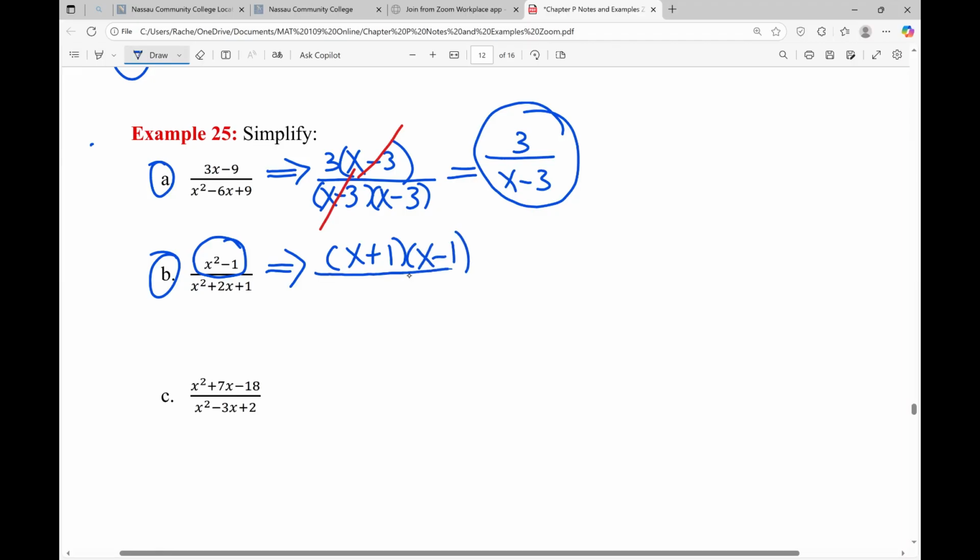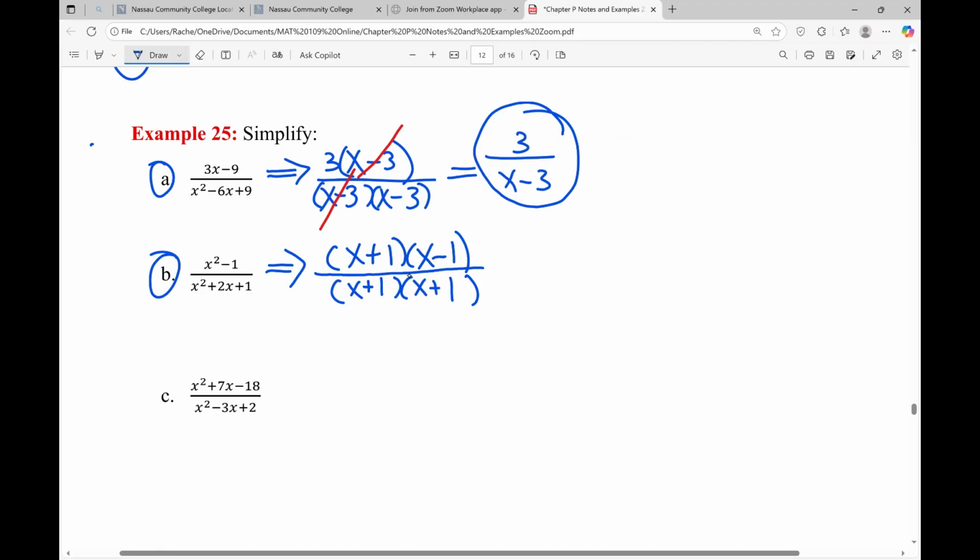And then I'm going to divide that by the factored form of this trinomial, x squared plus 2x plus 1. And I can factor this trinomial by thinking of what two numbers multiply to 1 but are going to add up to 2. And that's going to be a positive 1 and a positive 1.